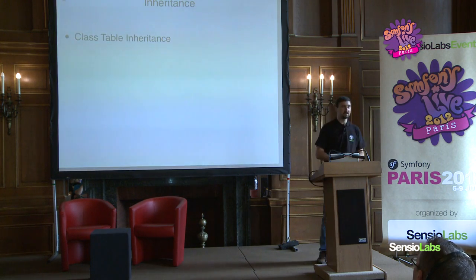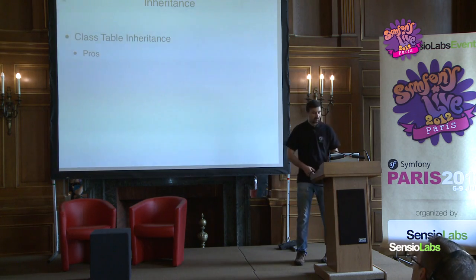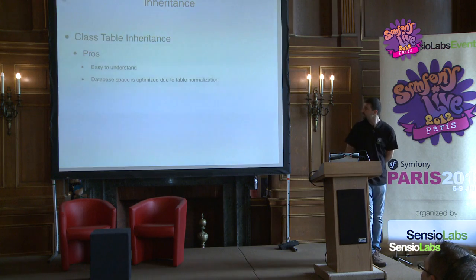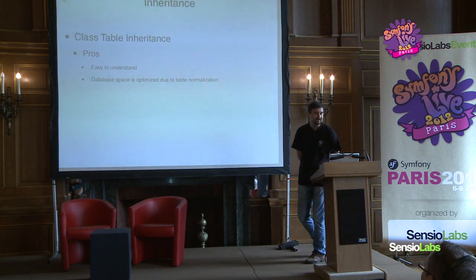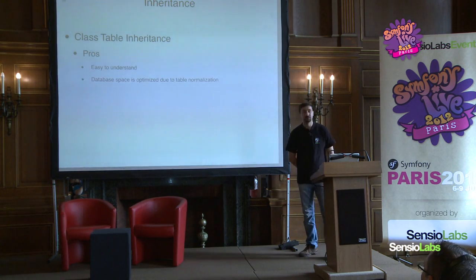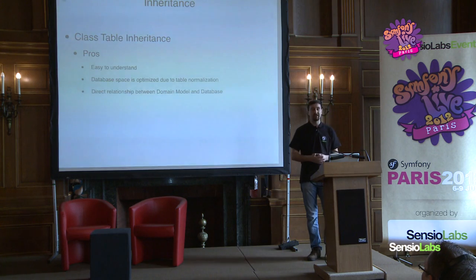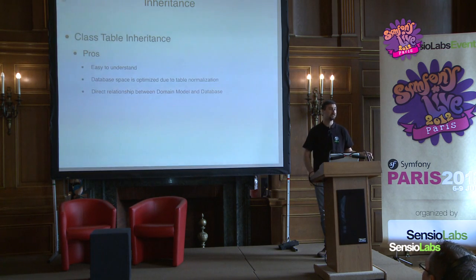So the third one, class table inheritance. This one I like a lot. It's easy to understand. Also, you have a database space optimization in the case of MySQL due to the table normalization. You have a direct relationship between your domain model and your database. But nothing's all flowers.